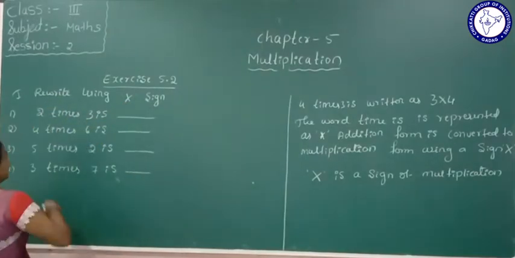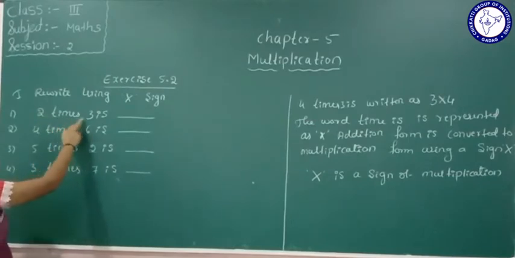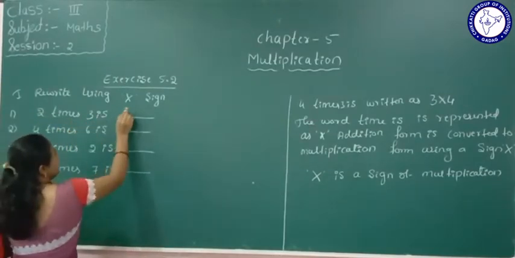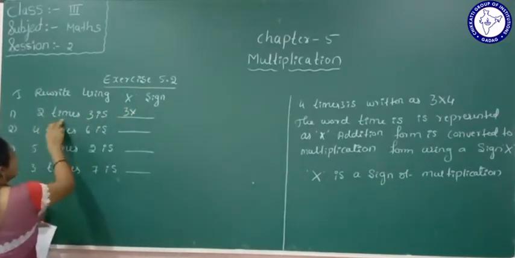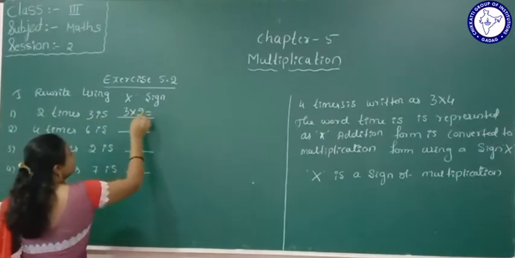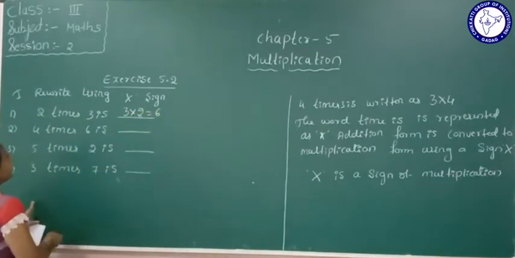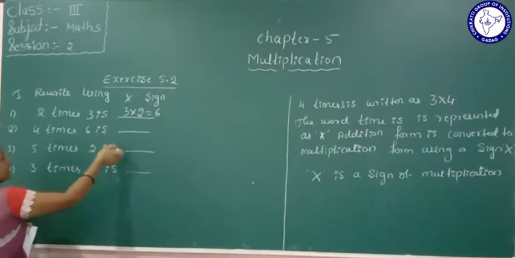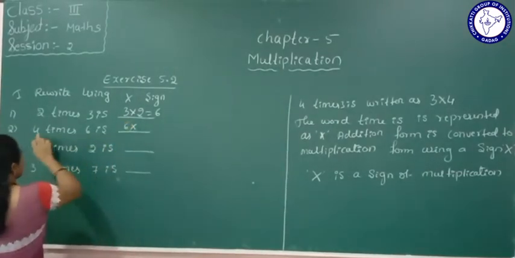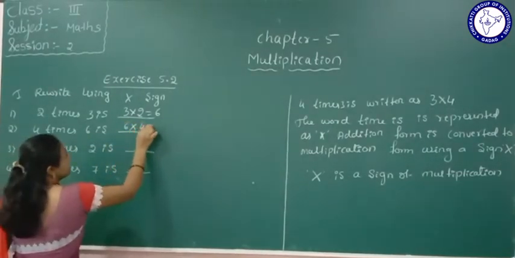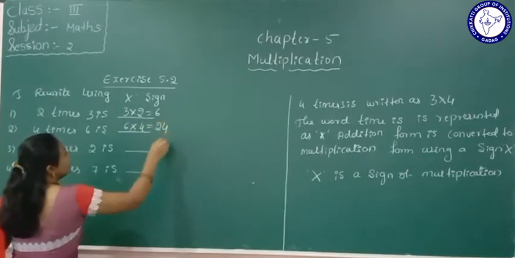So students, first one, 2 times 3 means 3 is repeated how many times? 2 times. So it is equal to 6. Next one, 6 is repeated how many times? 4 times. So 6 into 4 is 24.